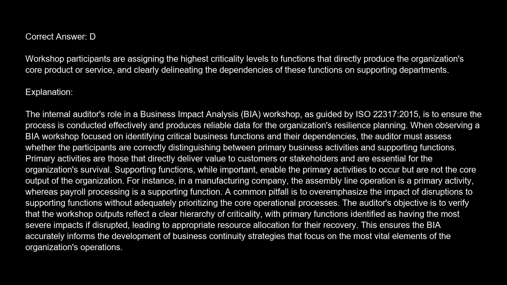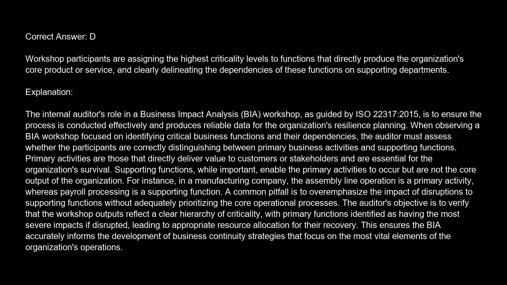Explanation: the internal auditor's role in a business impact analysis, BIA, workshop, as guided by ISO 22317/2015, is to ensure the process is conducted effectively and produces reliable data for the organization's resilience planning.